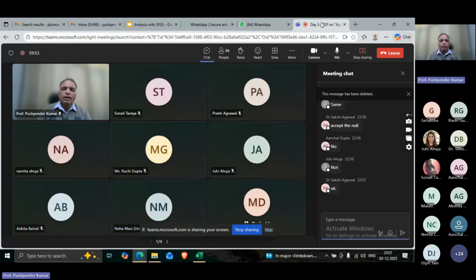In the case of the Thar, what was the dependent variable? Mileage, right? In the case of the student data, what was the dependent variable?